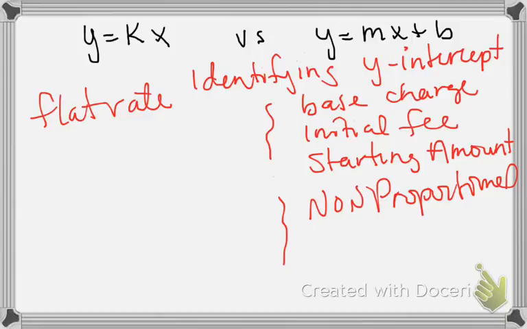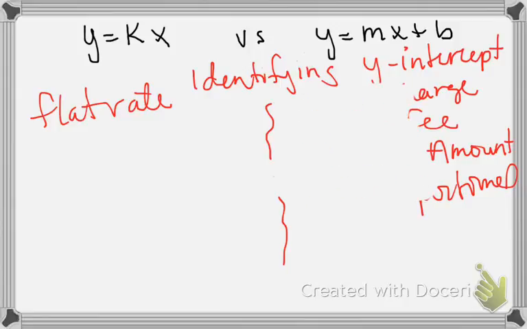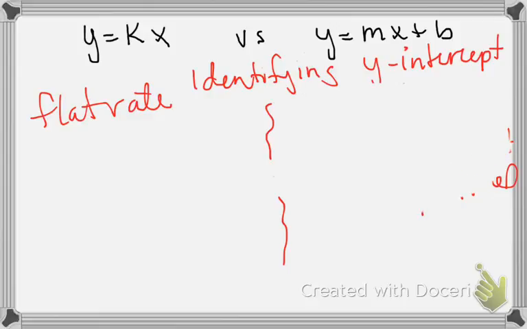So if you can identify a word problem where they have an initial fee, starting amount, or something like that, then you'll figure out that's non-proportional. That's the y equals mx plus b. So what I'd like to do is give you a couple examples of each one. Remember, it has to have a starting amount, base fee. You've got to look for the y-intercept.